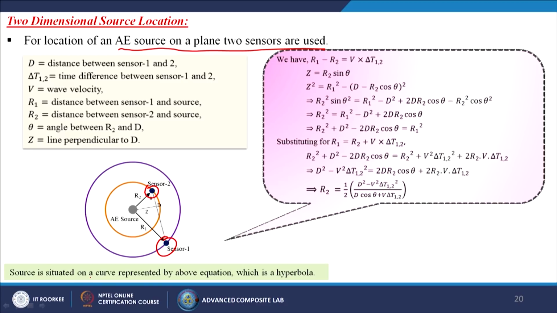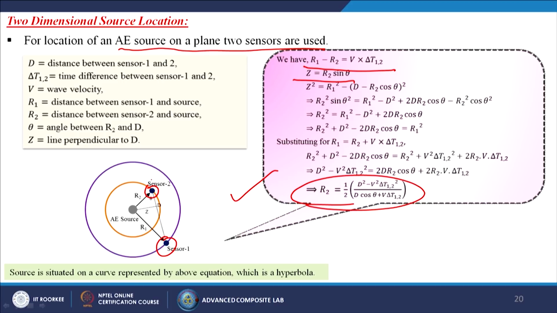The source is situated on a curve represented by the above equations, which is a hyperbola. So, we get the R 2 value by calculating with this particular formula and substituting, because we have R 1 minus R 2 is equal to capital V into del T 1 2. Now we get Z equal to R 2 sin theta.